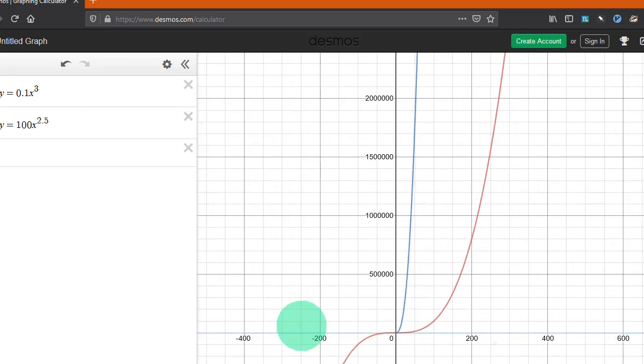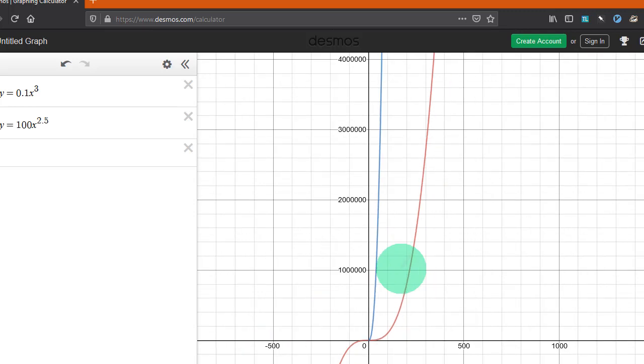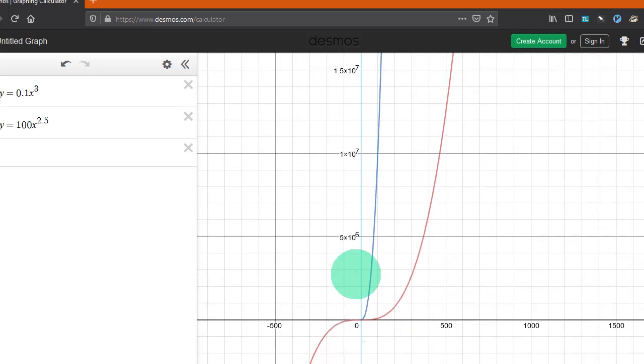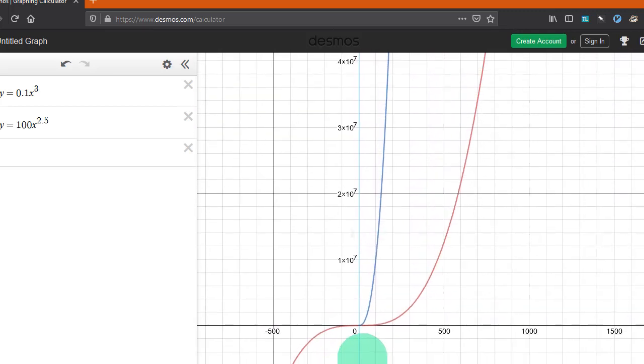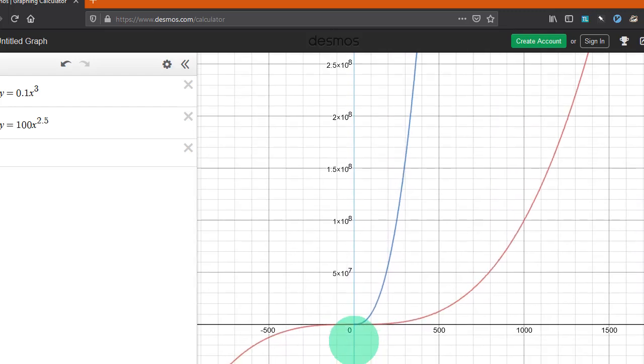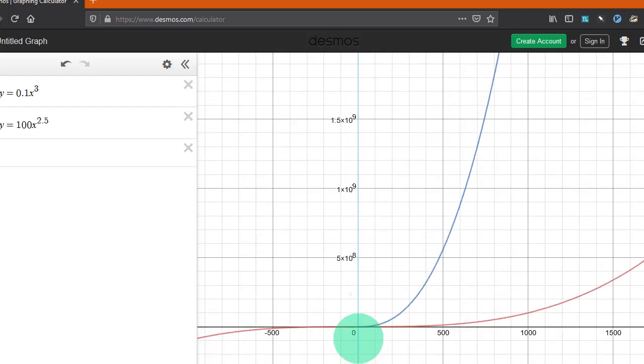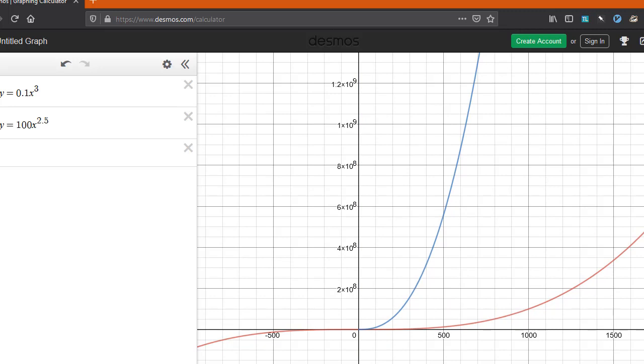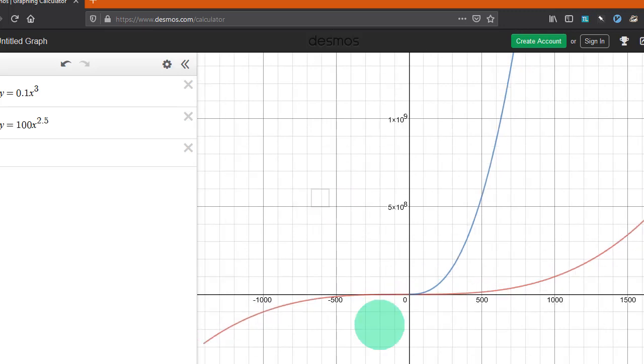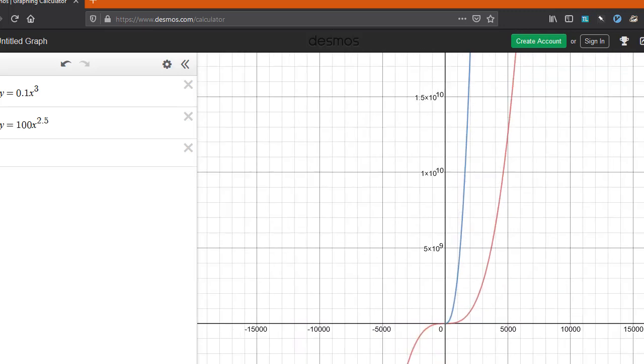And if we zoom out farther, we'll see that happening some more. So here we're plugging in numbers like x equals 500 or 1,000. It looks like even plugging in 1,000, the red one is still smaller. The one with the larger exponent, but the smaller coefficient. But I'm going to keep zooming out.